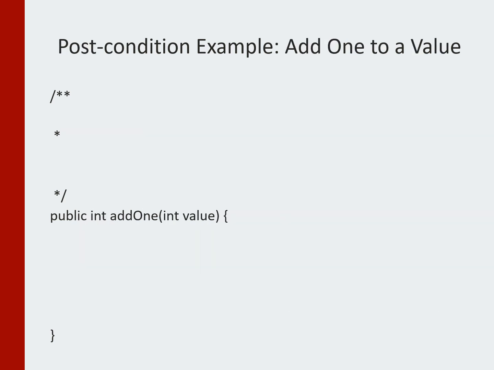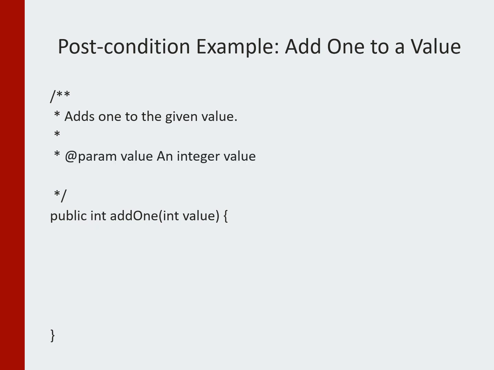Here's another example that exemplifies postconditions. So this method is called add1, and it's literally just going to add 1 to the value that's given as a parameter. So the input parameter is value, which is just some integer value, and it's going to return the result of adding 1 to the input value.